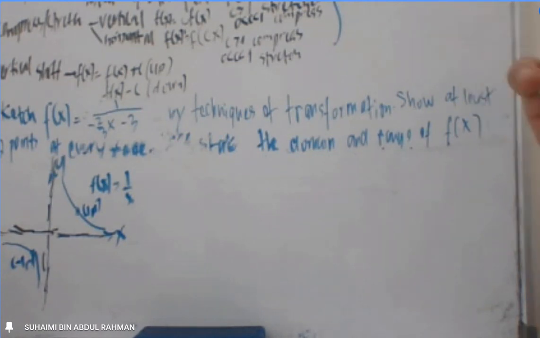We go one by one. Always I say go one by one. Do we have a horizontal shift? Yes, we do have a horizontal shift. Shifting to the left or shifting to the right? Shifting to the right. How many units? 3 units.